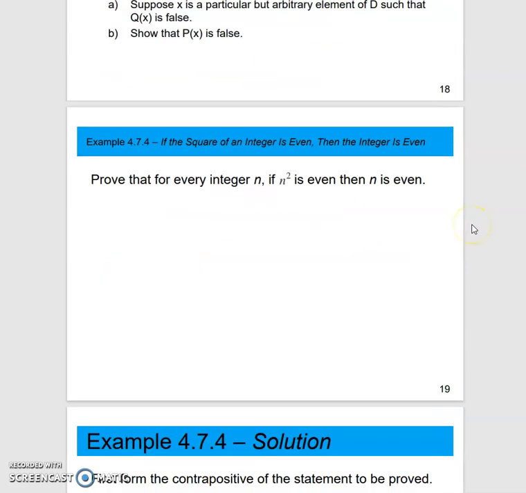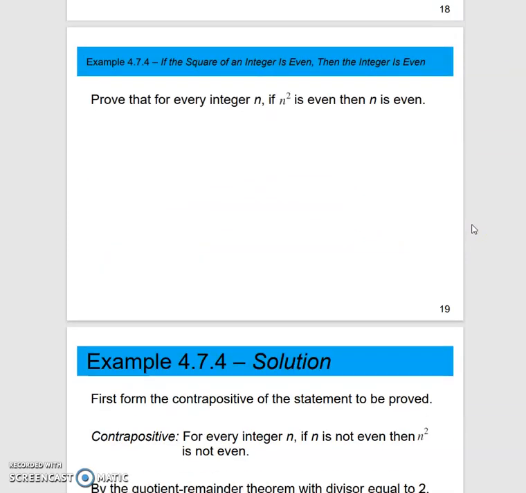So let's see an example where that's helpful. Here, for every integer n, if n squared is even, then n is even. It is really hard to go from something bigger to something smaller, especially if it would involve taking a square root. Square roots are incredibly messy, as we know. So this is a great example of a problem where using the contrapositive is really going to help us out.